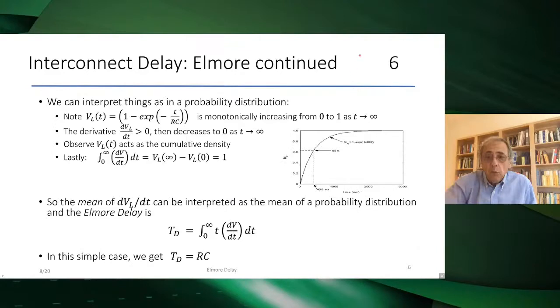And if we do a graph, we can see the following. We start at 0. There is a steady monotonic rise, and as t approaches infinity, the voltage approaches 1. The exponential tells you that.